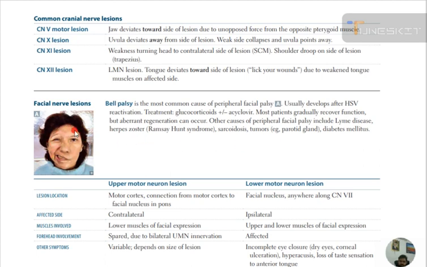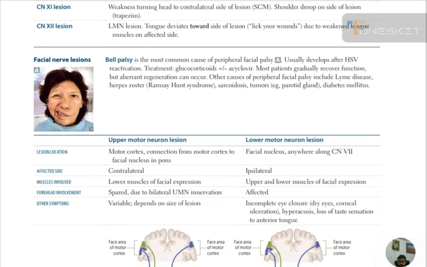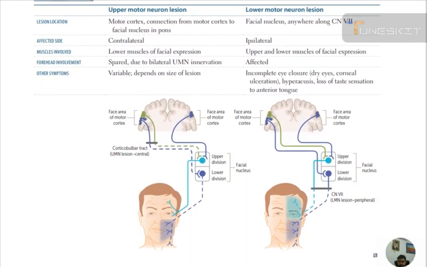You can see here the deviation and the drooping of the mouth on the side of the lesion. So this is the difference between upper motor neuron lesion and lower motor neuron lesion.